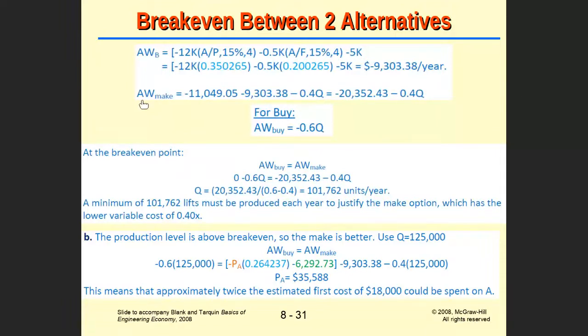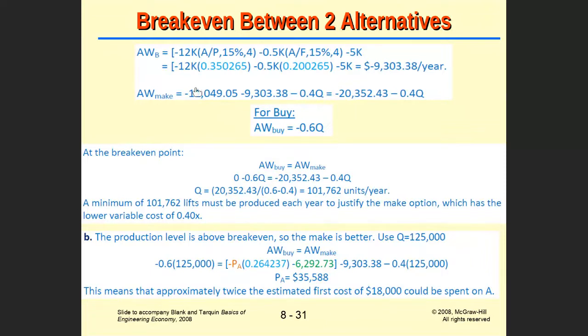Now we have to put the annual worth for B and annual worth for machine A together and add them, because both of them now in the same time format, which is the annual. And the annual for the making option will be the 11,000 for the annual worth for machine A, the 9,000 the annual worth for machine B, minus the $0.4 times Q, which is the variable cost for the making option.